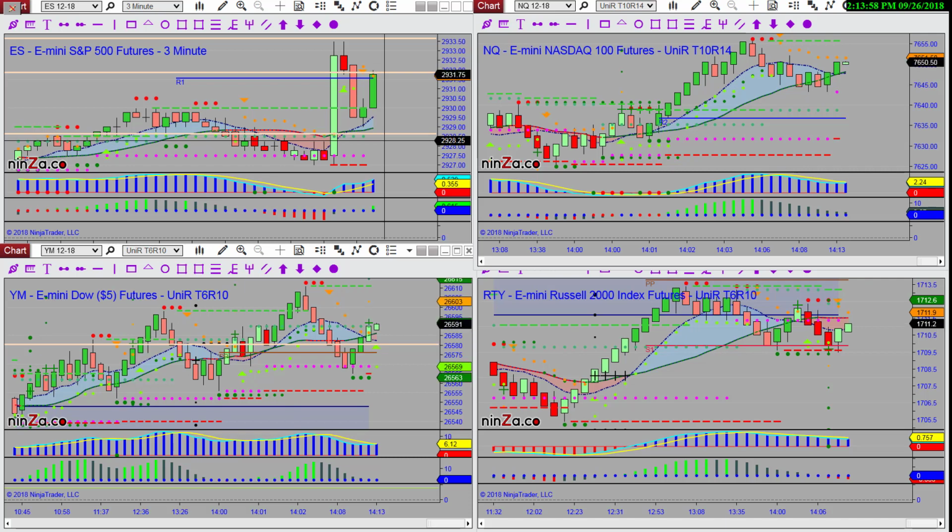All right, so as far as time of day, obviously you'll have between 7 or 8 o'clock in the morning, and especially right around 8:30, a lot of movement when we get the economic reports that come out. So that could be a time of day that could work pre-market.